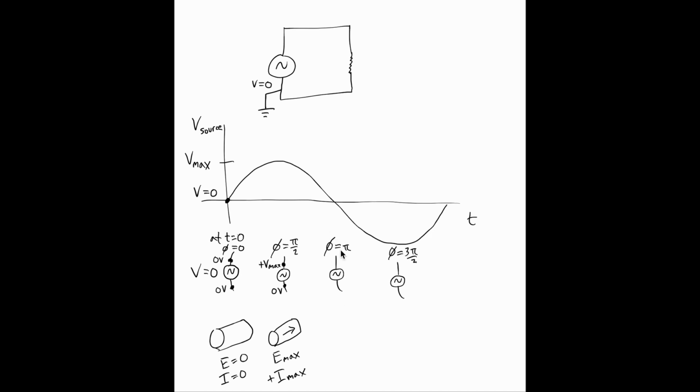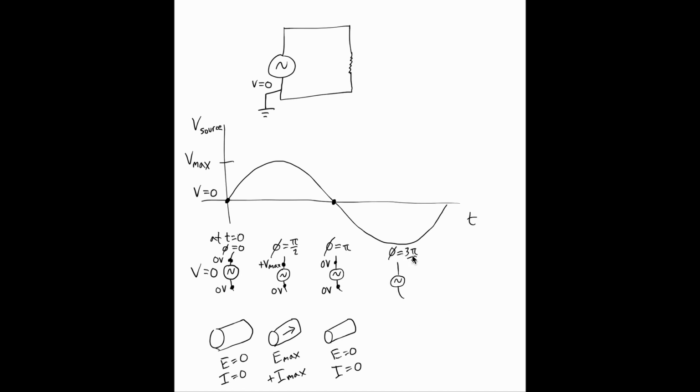When we reach a phase of pi, as you can see, we've come back to a voltage of 0 once again. This side of the source will be 0, and the other side will be 0 as well. So see, the one side of our source is always changing with time, according to the graph above. Our wire will return to a field of 0, and the current will be 0 at that time as well.